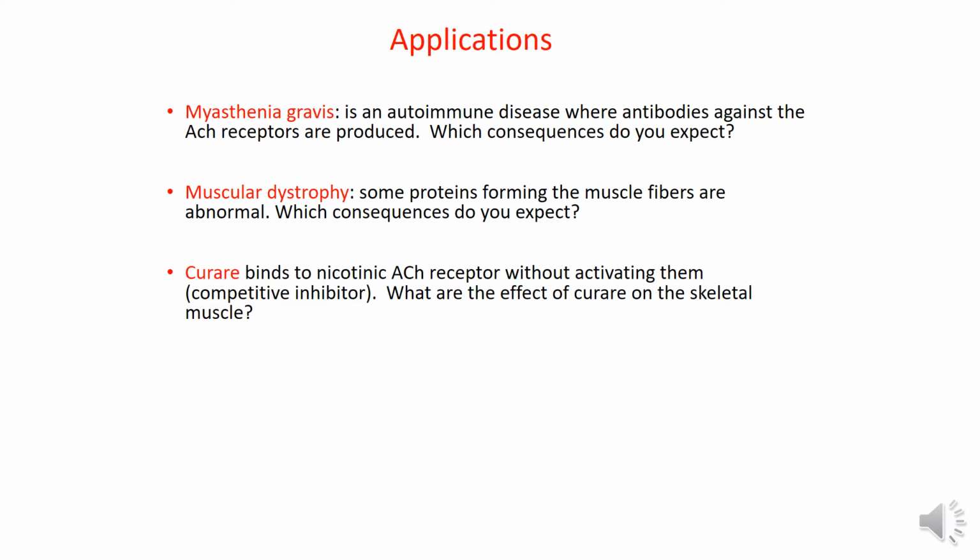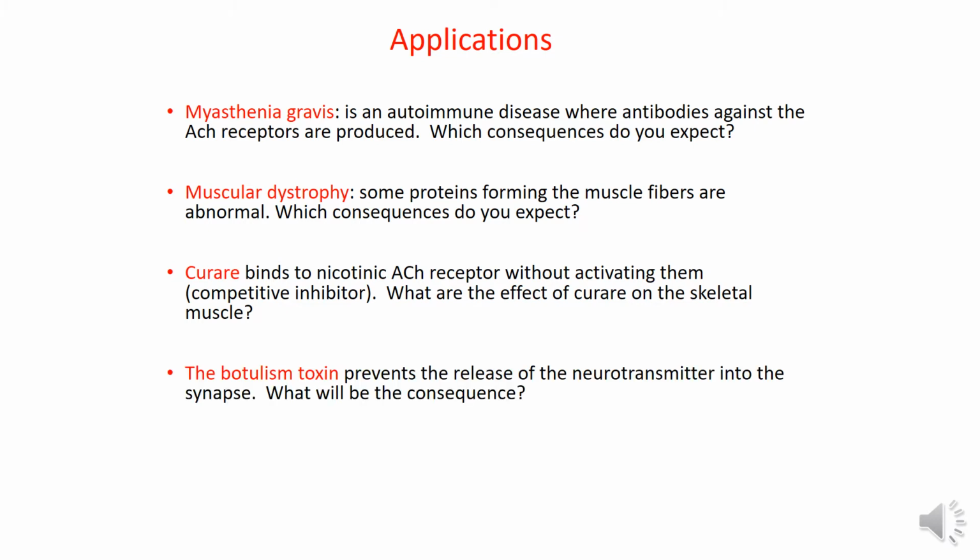Rare competitive neuromuscular blocker is used to produce muscle relaxation before surgical operation. Botulinum toxin, or the botulism toxin, is a certain type of toxin produced by a bacteria which is Clostridium botulinum. This type of bacteria usually grows on what?